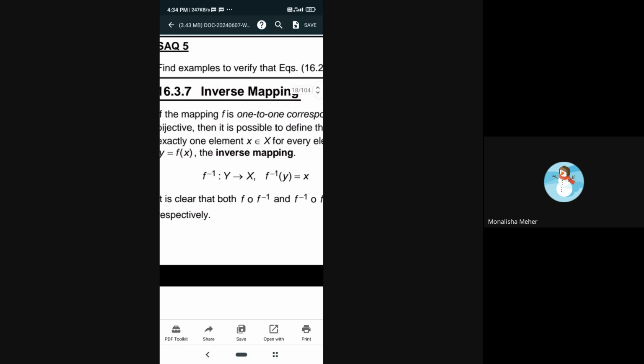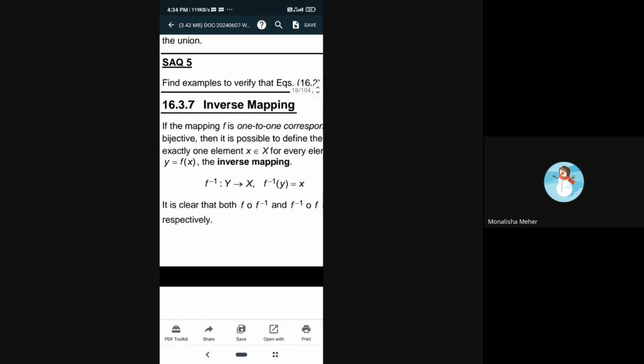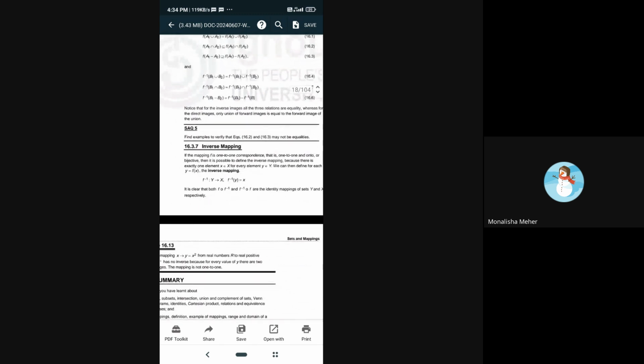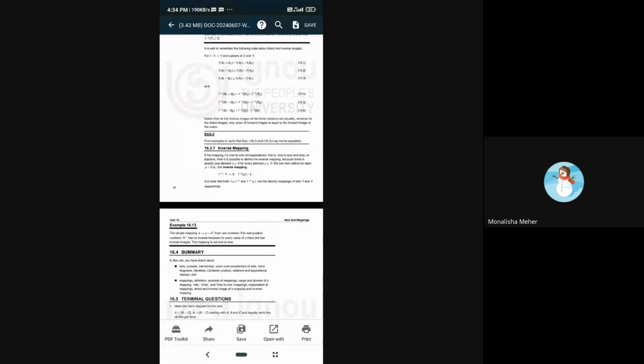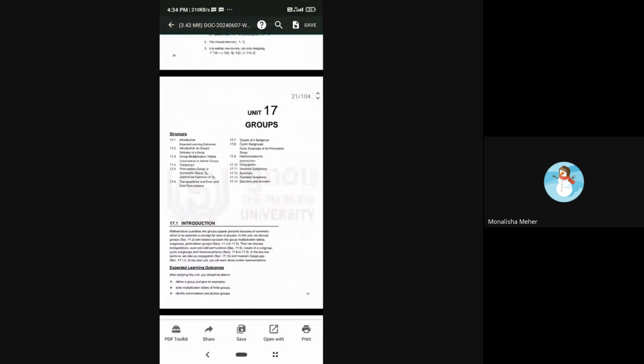F inverse maps Y onto X, with F inverse of y equal to x. It is clear that both f o F inverse and F inverse o f are identity mappings of sets Y and X respectively. So this is the preliminary idea on sets.